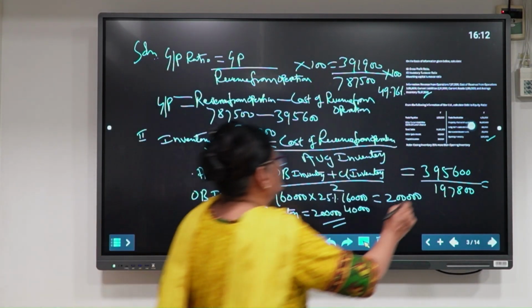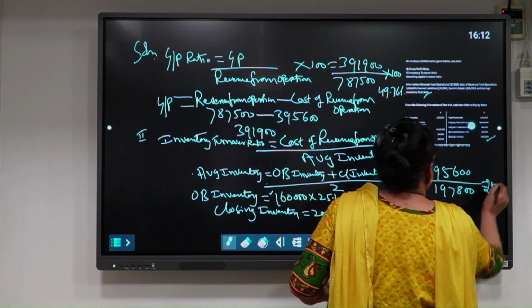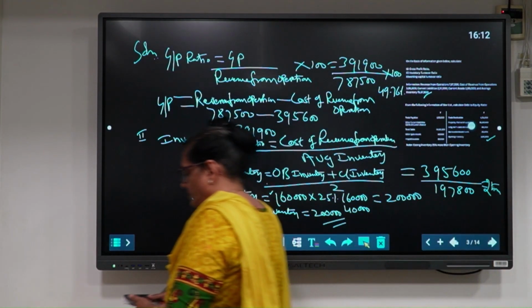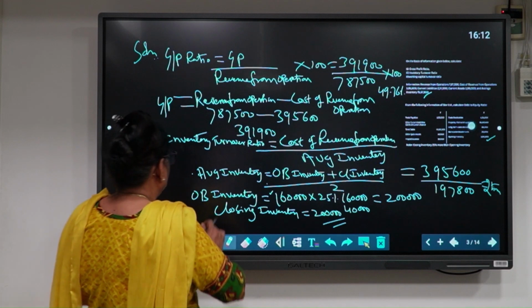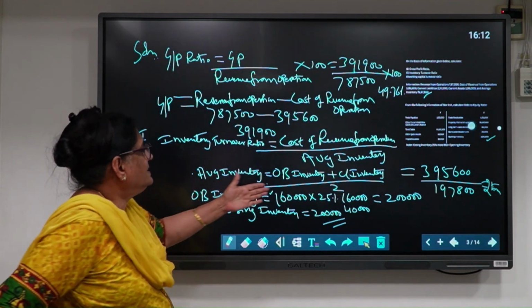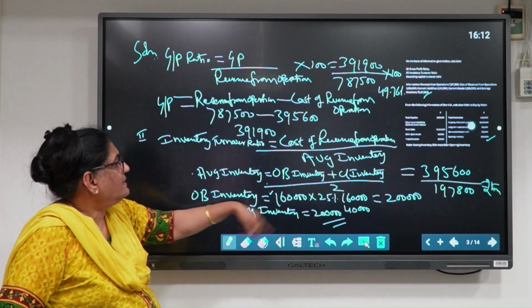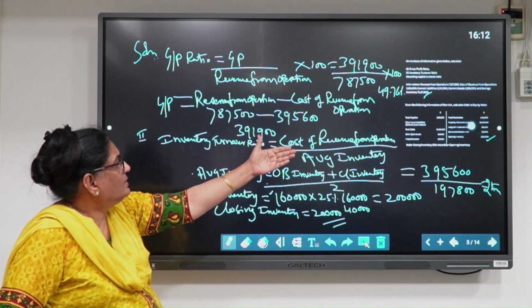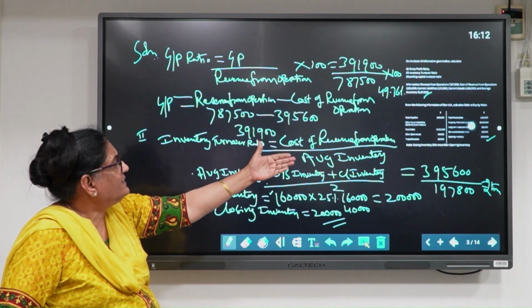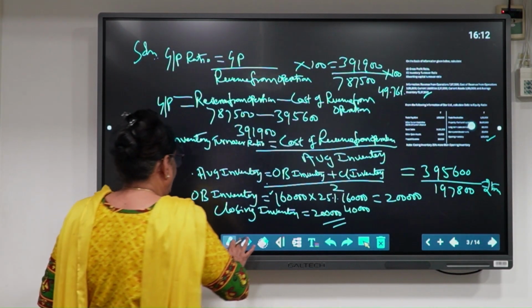It was 2 times. Got it? This part you will just skip it. Just keep it in your note, because once we go to the second part, we require this. I have already worked out the closing inventory here, so we will take the next part now.